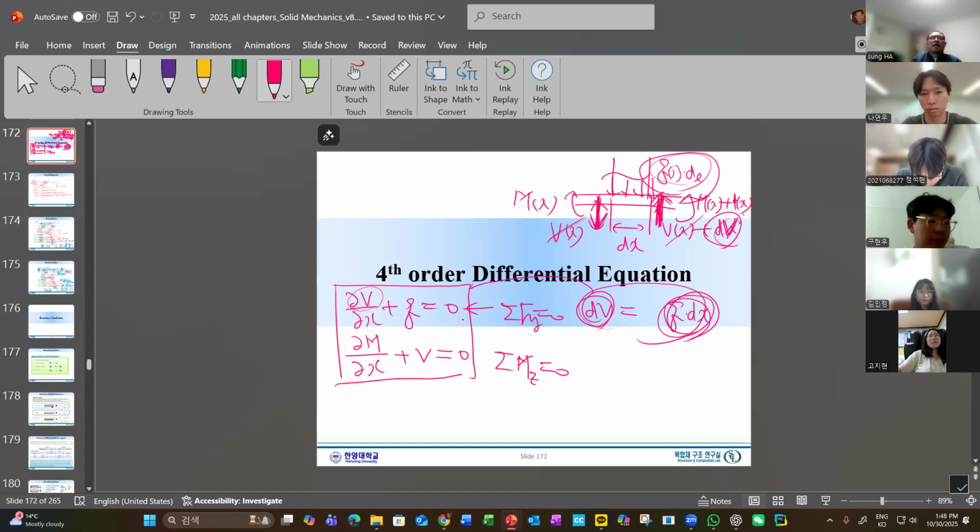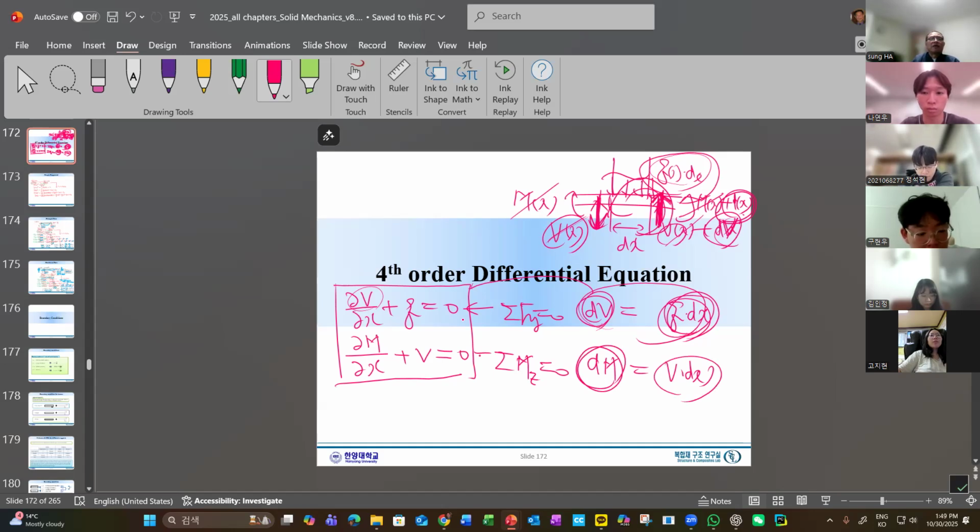So this increment dM will be the same as this V(x) times this. This V makes a rotation, right? So V times dx should be the same as the dM. So the moment increment should be the same as V dx.